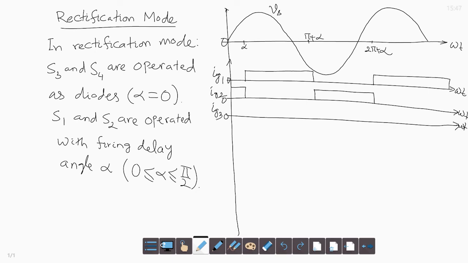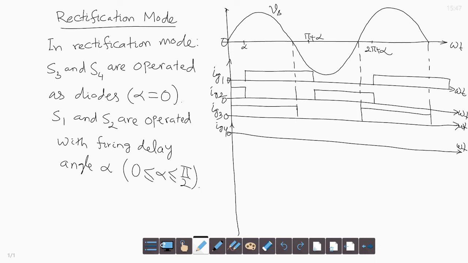For S3 the firing angle is 0, so S3 is turned on for the entire positive half cycle and off for the negative half cycle. Ig4 is the complement of Ig3, that means switch S4 is on in the negative half cycle of the supply voltage and off in the positive half cycle.